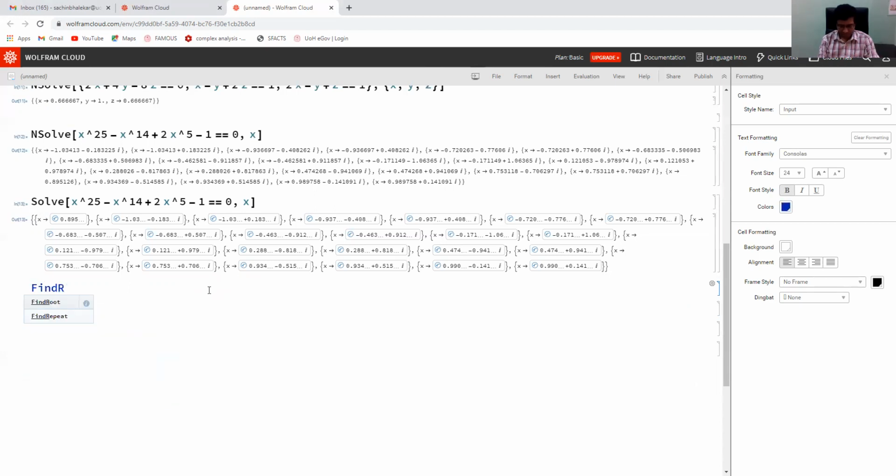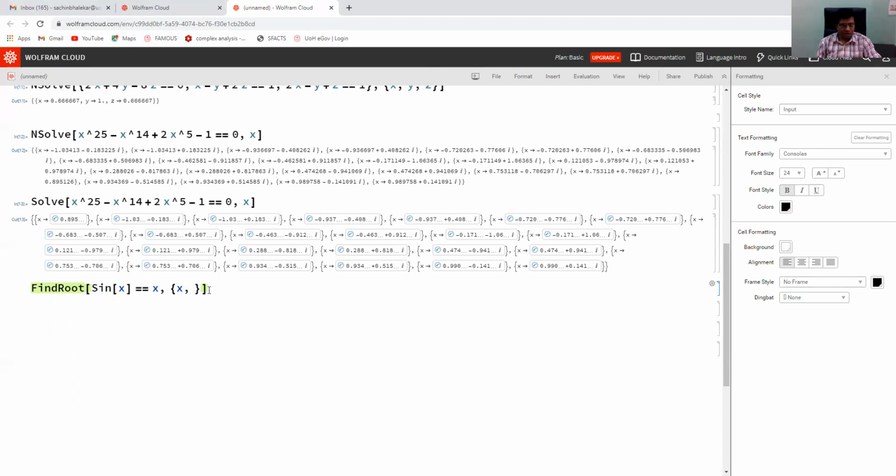FindRoot. So first we need to provide expression. Say we want to find x such that sine x equal to x. Sine x equal to x. Then second entry should be a list containing variable name, comma, initial approximation.